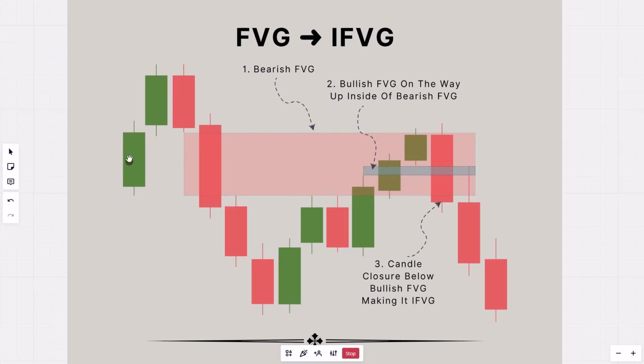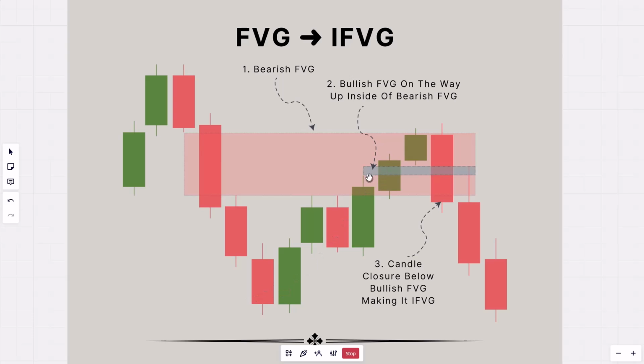So basically what we want to see is price coming lower, creating a fair value gap, and I want to see price coming into this fair value gap. So first of all, a bearish fair value gap. As price comes into this bearish fair value gap, on the way up, I want to see a creation of a bullish fair value gap, the opposite. We can see that we created a bullish fair value gap here.